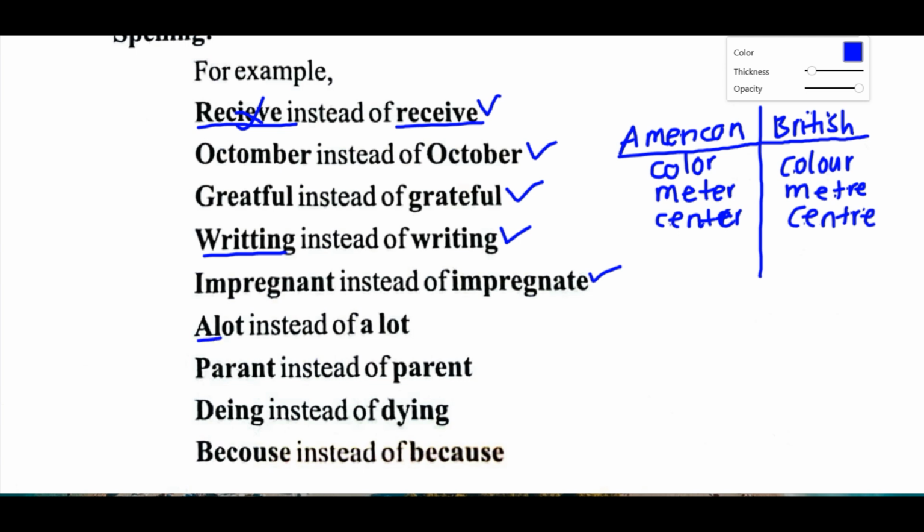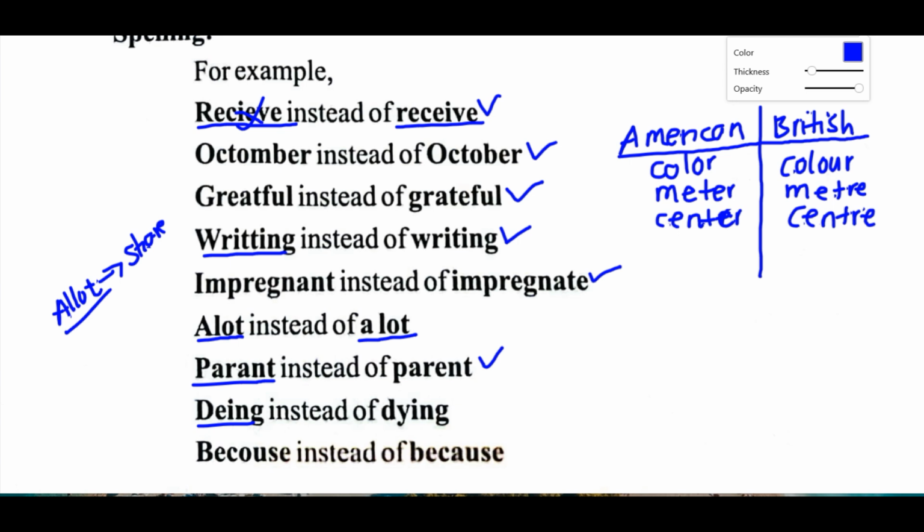The word a lot should not be one word. The correct one is a lot, because if we just add double L, this becomes allot. To allot simply means to share or to divide, let's say, between two individuals. So parent, the correct one is this one, parent.